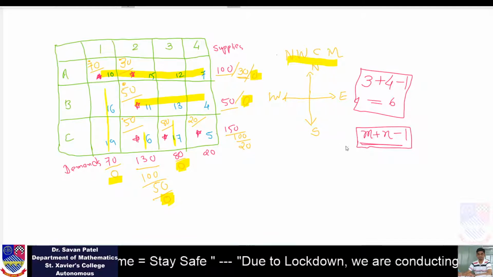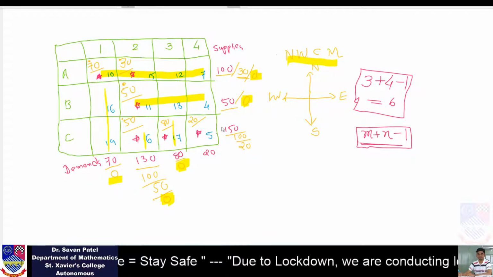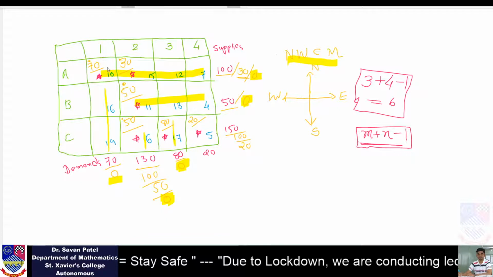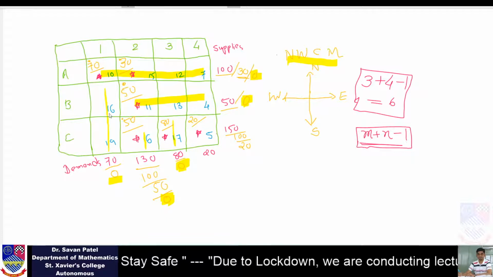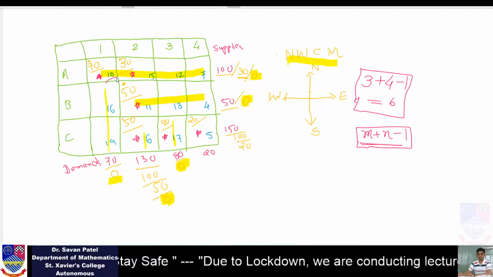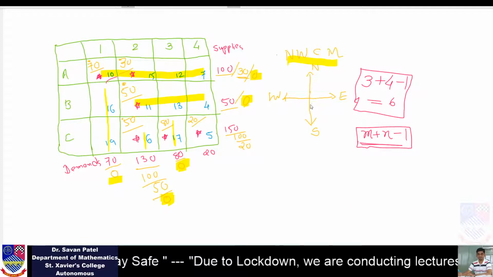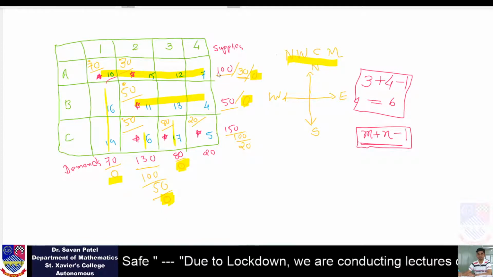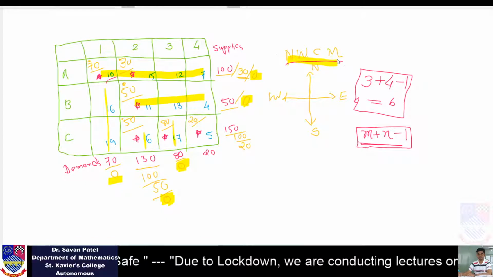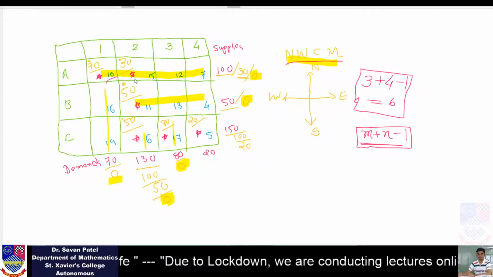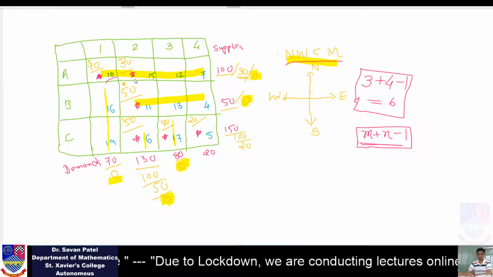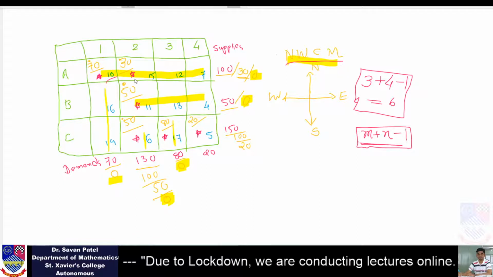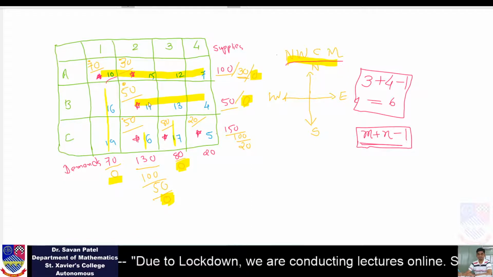Before going to that, one more observation: while calculating this, we haven't thought about the cost. So the northwest corner method is not related to the transportation cost in any way, meaning it may give you the smallest transportation cost, or the maximum, or anywhere in between.